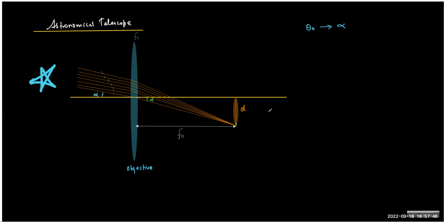The next is, of course, what you want. It's similar to what we did earlier. The next thing is we want magnification. We want a bigger angle. How are we going to achieve this? How to get the bigger angle? So we need to bring another lens. Which lens? Eyepiece, isn't it?